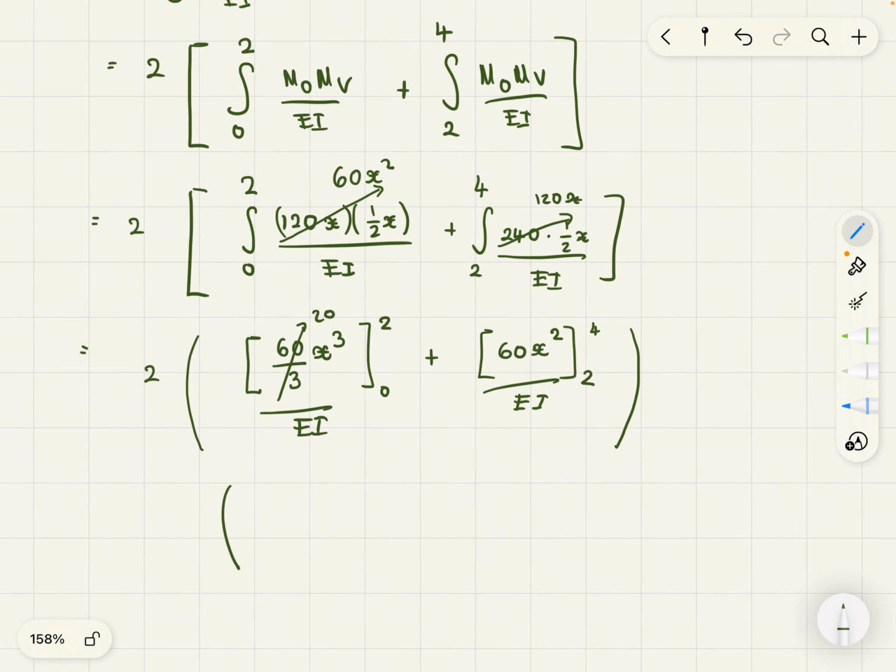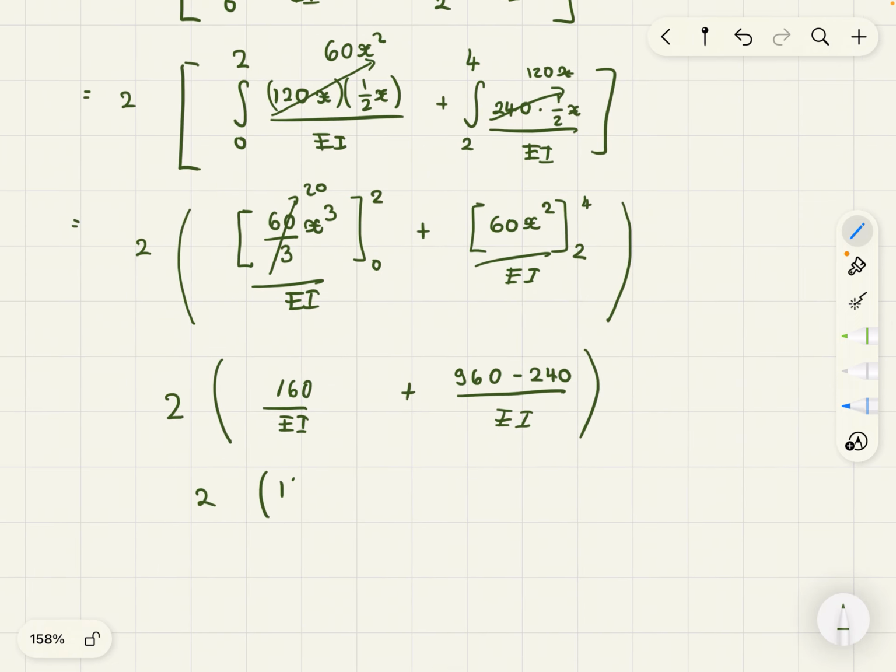Okay, now when you substitute x as 0, you're just going to get 0 for the whole thing. And when you substitute 2, you're going to get 160 over EI. And here, when you substitute 4, you're going to get 960. And when you substitute 2, 240. And subtract these, divide by EI. And multiplying everything by 2.